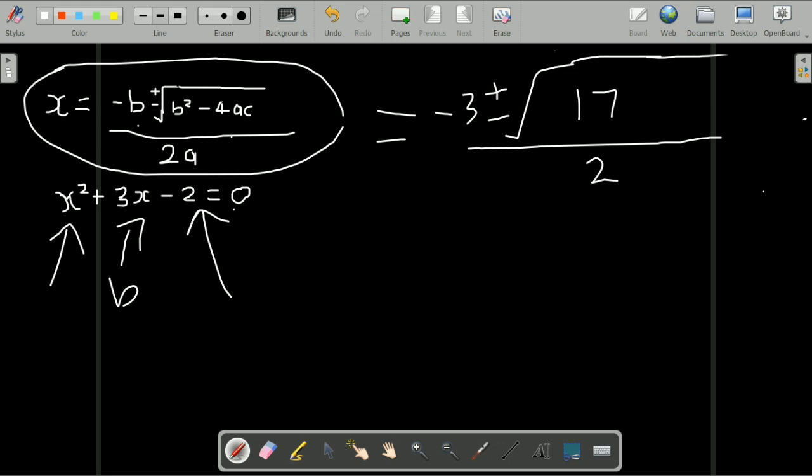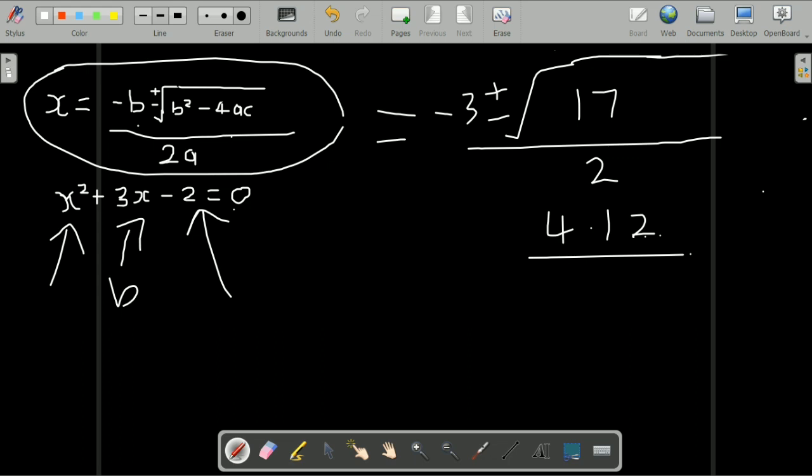The square root of 17 is 4.12, out of 2.